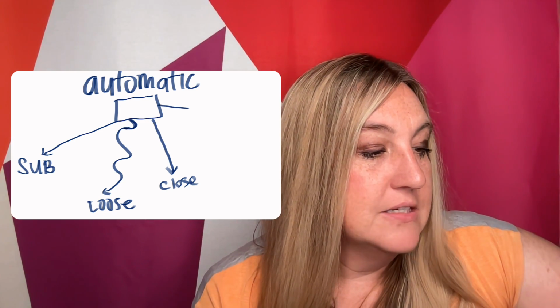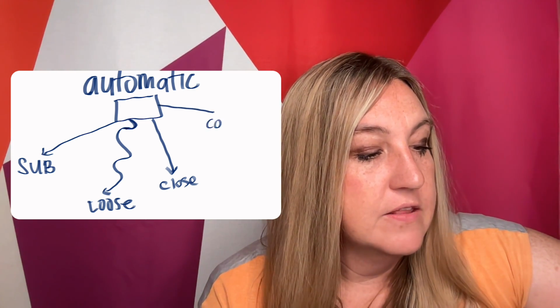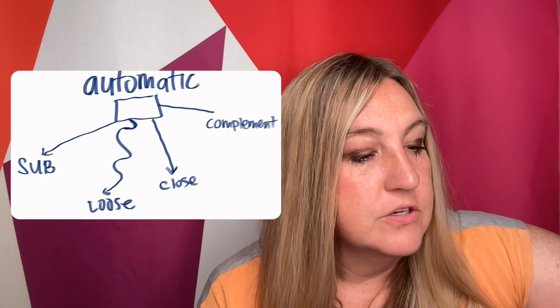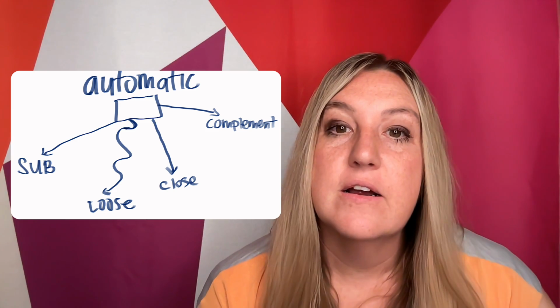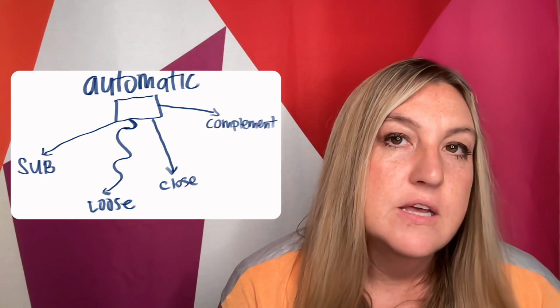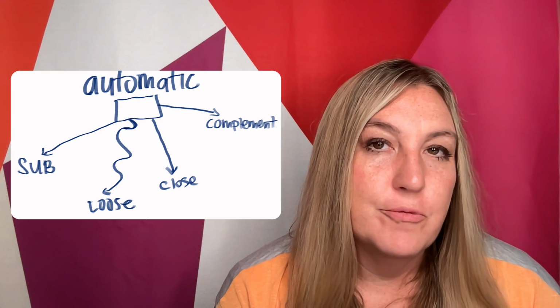And the last one is one of my favorites, and this is complement. And so if Amazon feels like there is something that your book is relating to their target audience, then they will absolutely show your book, okay?